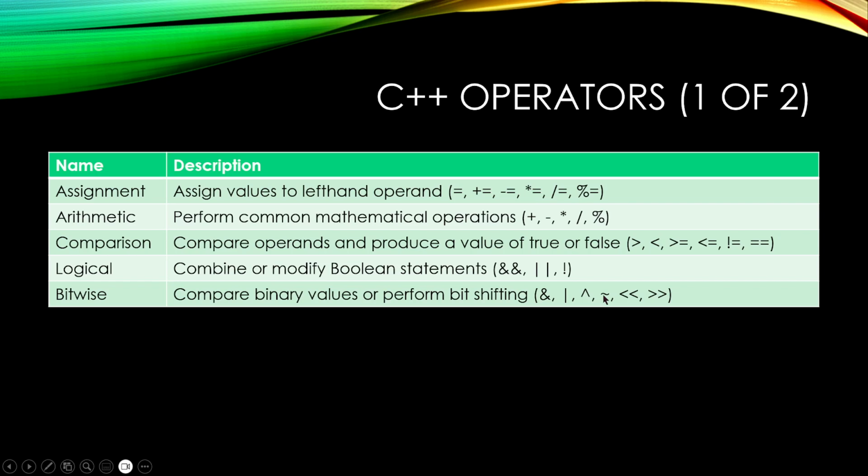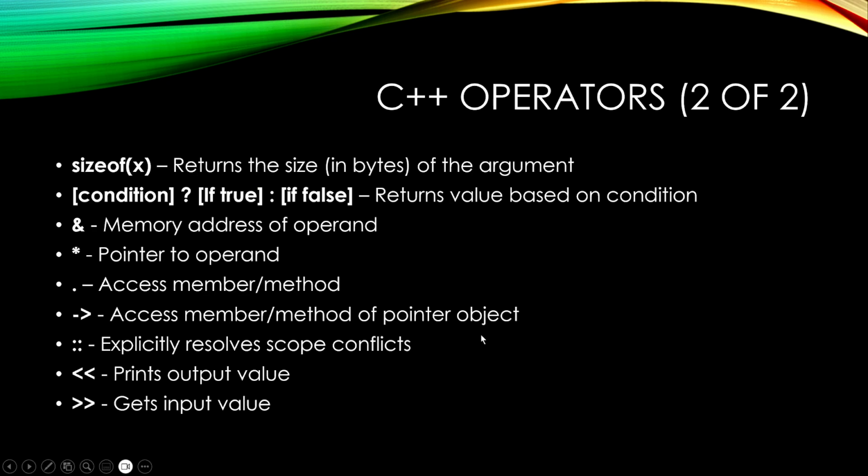The tilde mark is bitwise negation, which flips the bit. And then you have your left shift and right shift. As you've seen already, the left shift doubles as the stream output for things like cout. The right shift serves as stream input, and we'll see that in use as we go along.